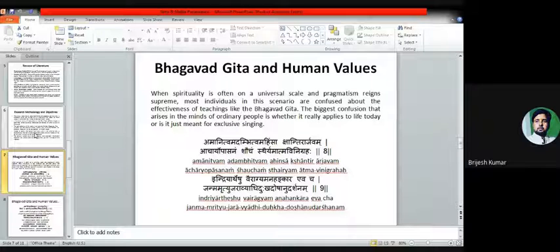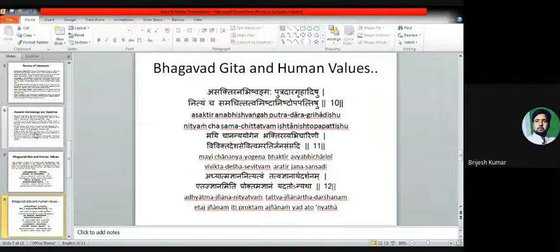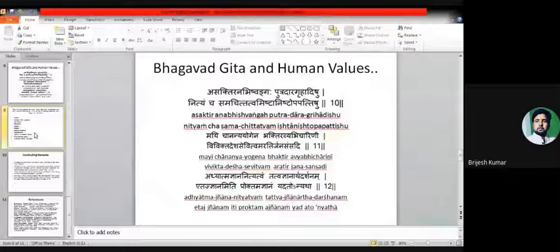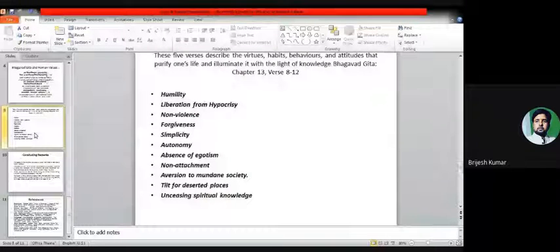There are 8 to 12 verses I have mentioned over here, which are the greatest wealth of knowledge through which a human being can achieve the perfection of life. This detailed explanation of Sri Krishna leads to an understanding that promotes self-realization and liberation from ignorance.